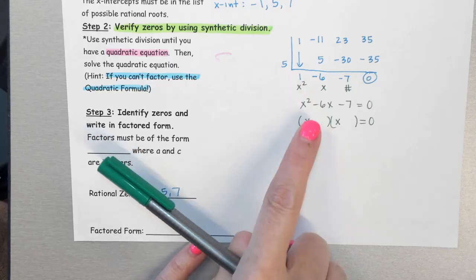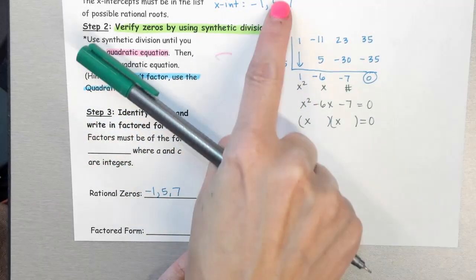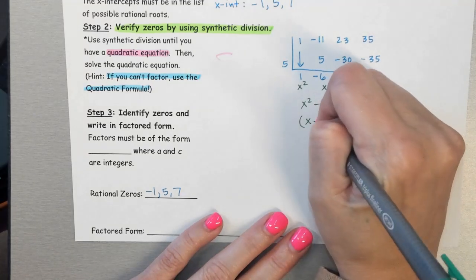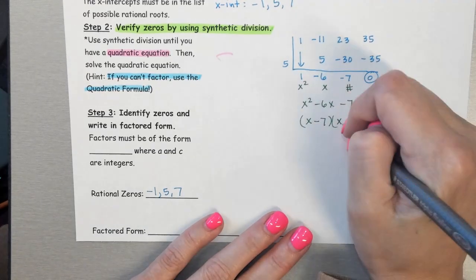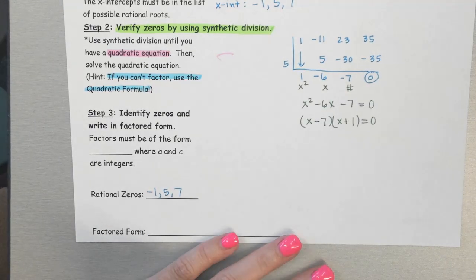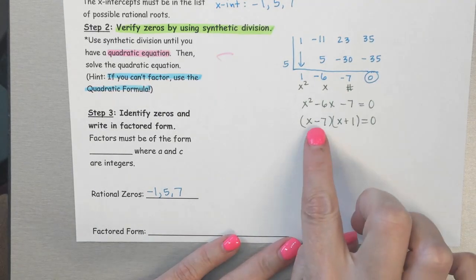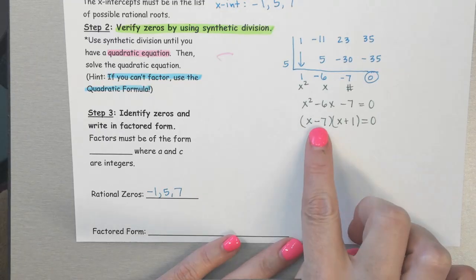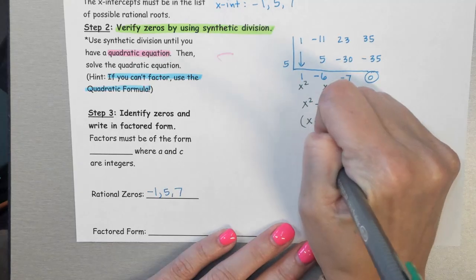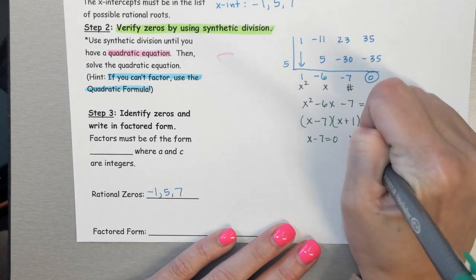So this should be these in factored form. You get -7 as a product. You want a -7 and a +1. -7 plus 1 is -6. A negative times a positive is a negative. And then you would just set each one of these equal to 0 and solve.